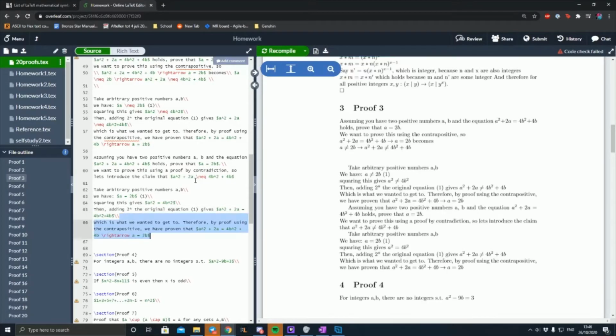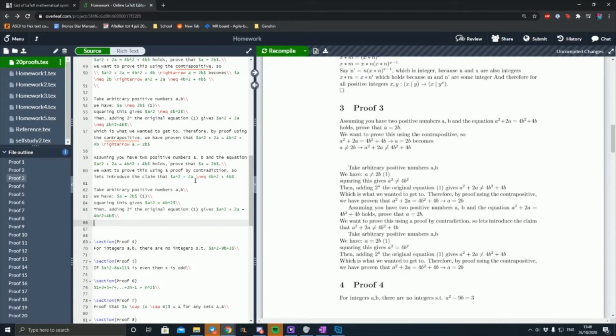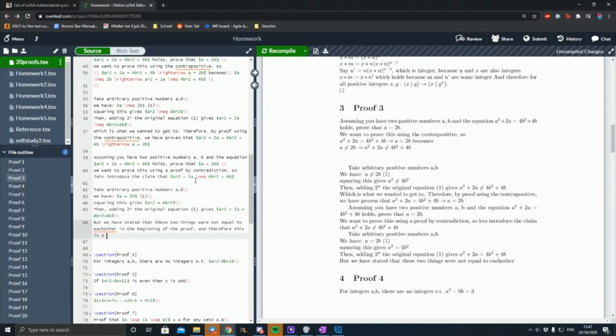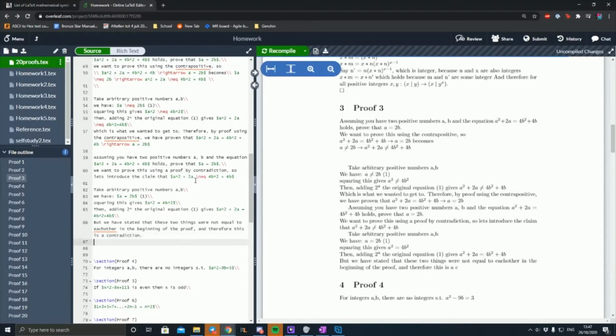And then we can replace this by, but we have stated that these two things were not equal to each other in the beginning of the proof, and therefore this is a contradiction.